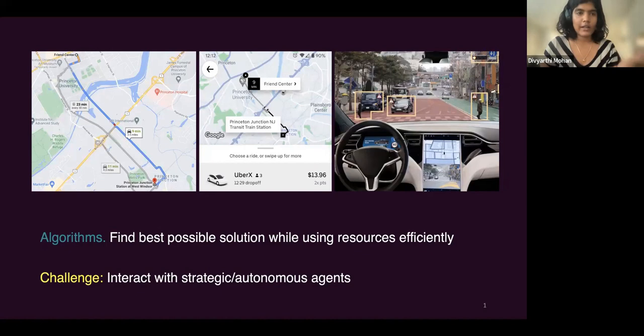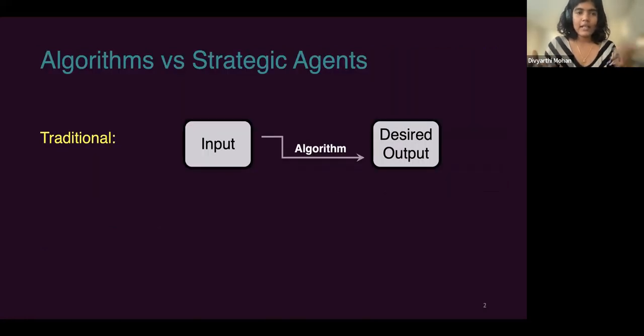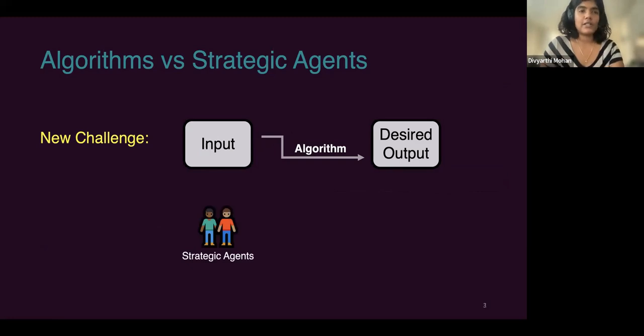So unlike traditional settings where we are given an input and the algorithm finds the best solution or the desired output while efficiently using resources such as computation or memory, we consider settings where there are strategic agents at play. The strategic agents provide the input to the algorithm, and moreover, they have a stake in this process.